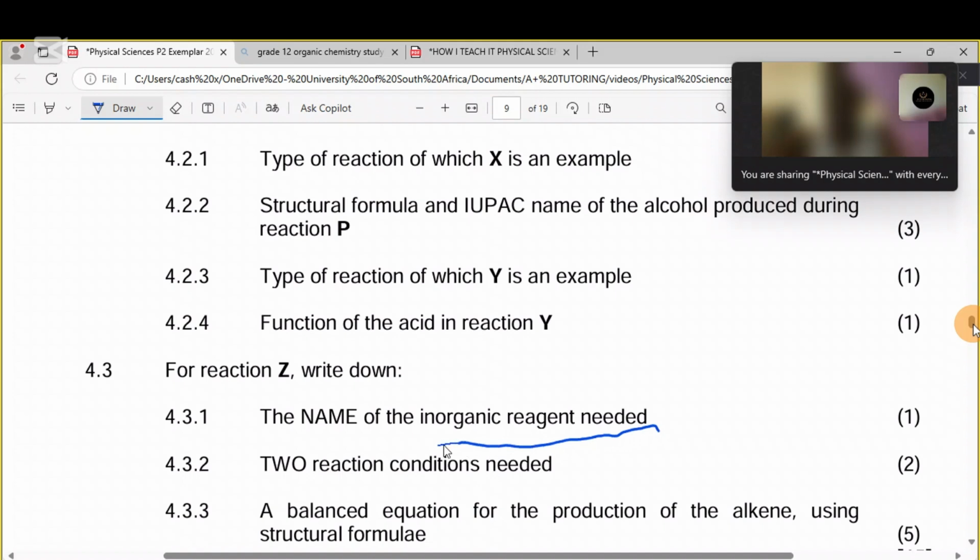An inorganic reagent is part of the conditions. You see now 2 reaction conditions needed. Those are, do I need heat, those kinds of conditions. And here where they say write a balanced equation for the production of the alkene using a structural formula, right?